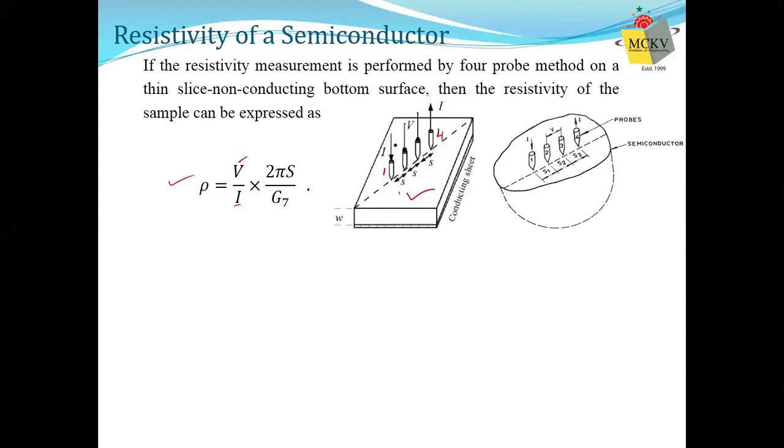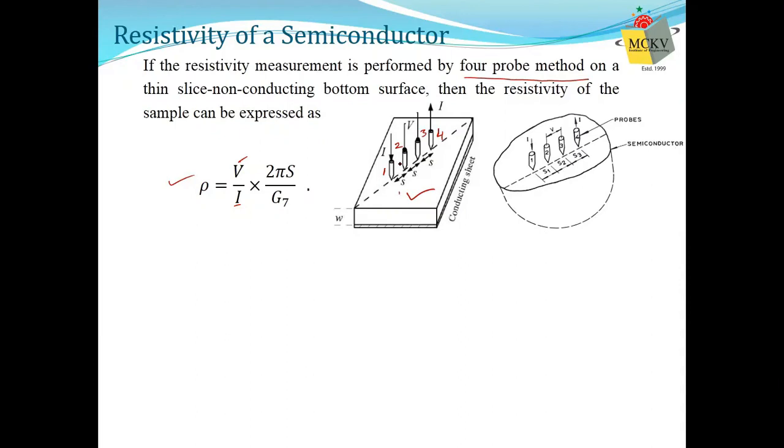So these are the inner 2, say 2 and 3. These 2 probes are used to measure the potential difference, the voltage, in this semiconductor. And that's why, to measure this voltage and current, you require 4 probes. That's why the method is called the 4 probe method.